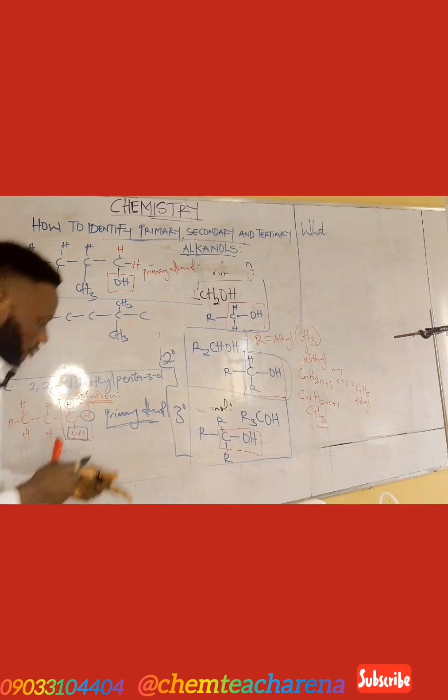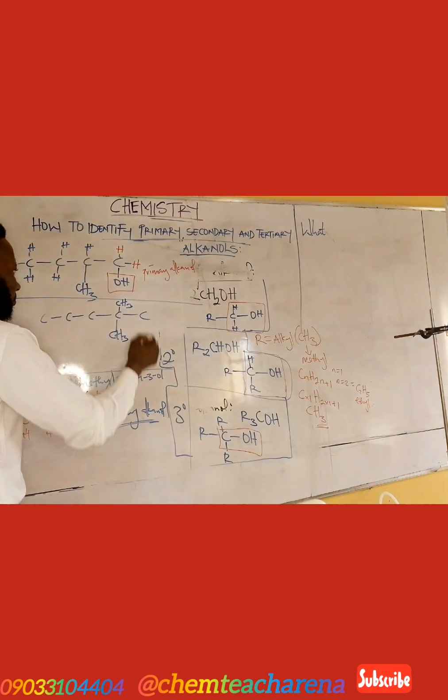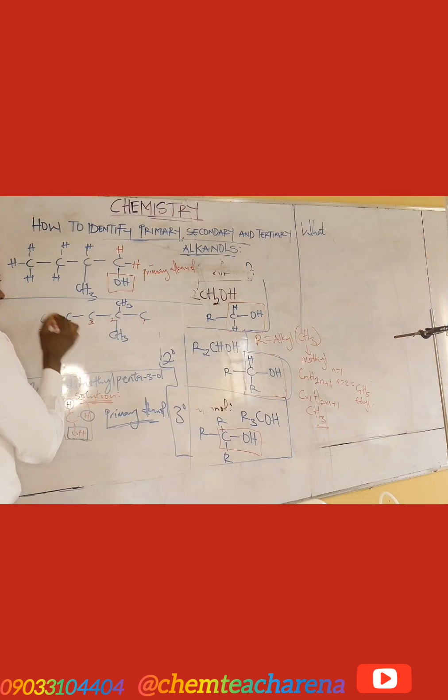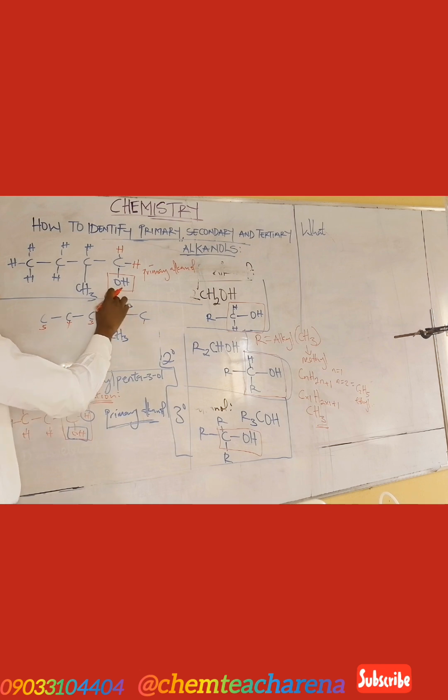So 1, 2, 3, 4, 5. On this carbon 2 we have methyl up and down.